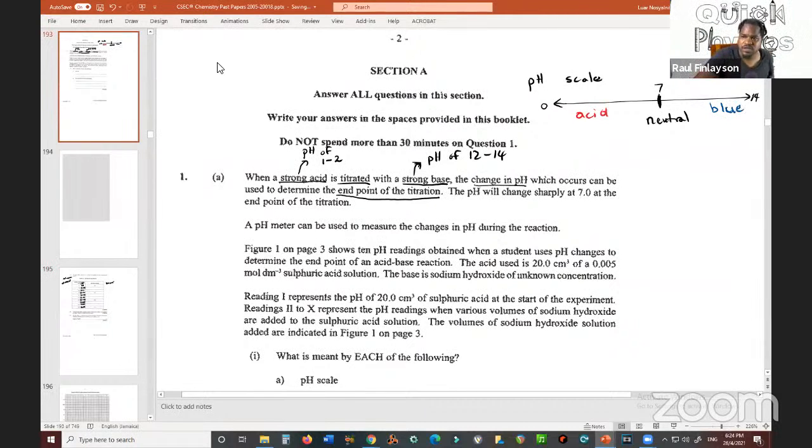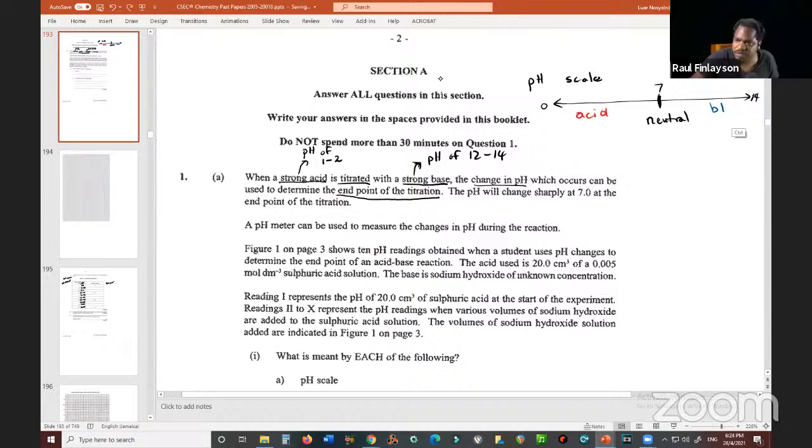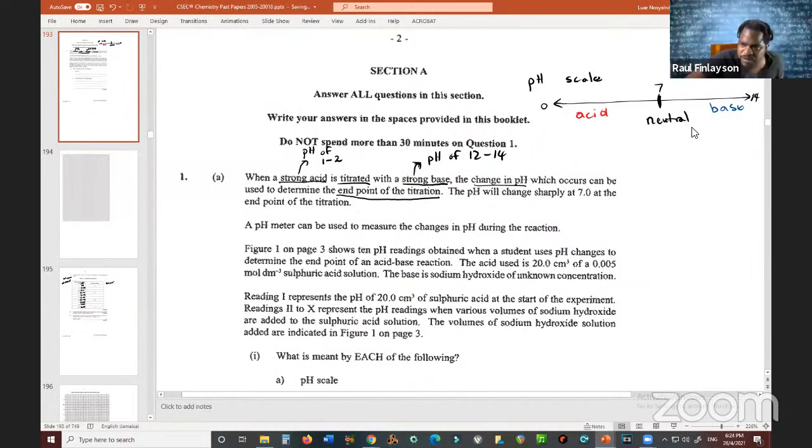So let me just put the base there. All right, so there you go, acid and base. On one side, less than 7 is acid, and greater than 7 is base. Hope everybody gets that. And that's the pH scale.